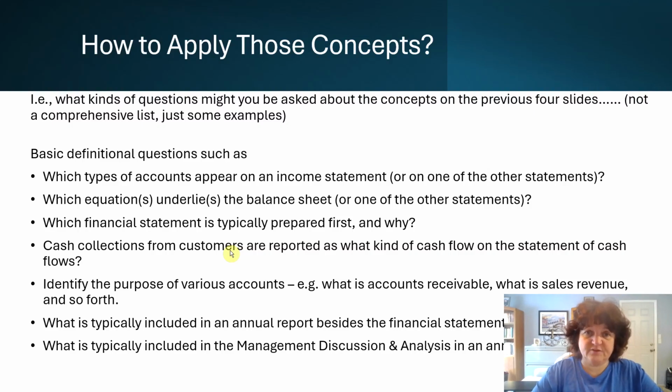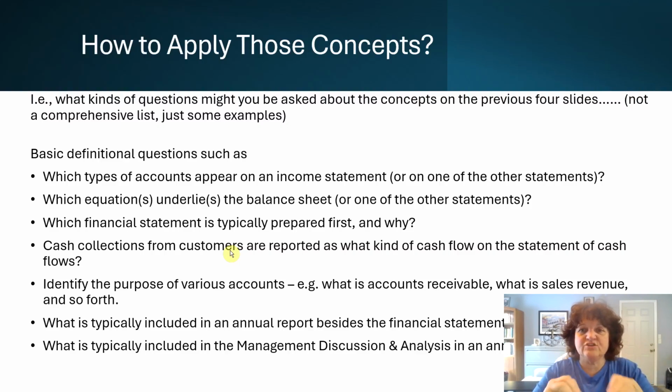Understanding the relationships between those financial statements is important, and so is thinking about which financial statement we typically prepare first, and that's the income statement. We prepare that first because we need that net income number calculated so that we can add it into the retained earnings on the statement of stockholders' equity.